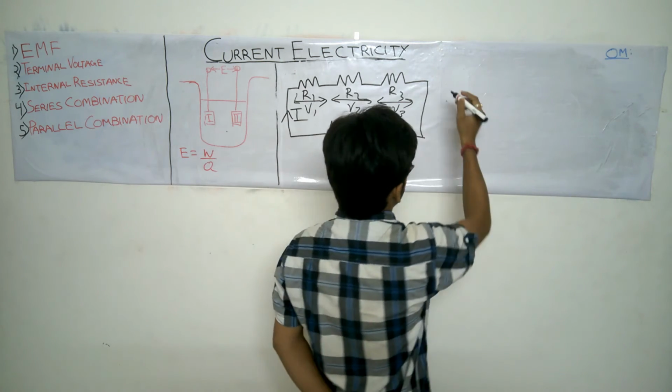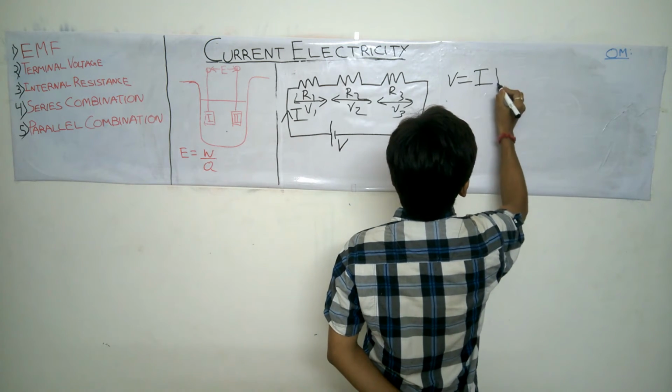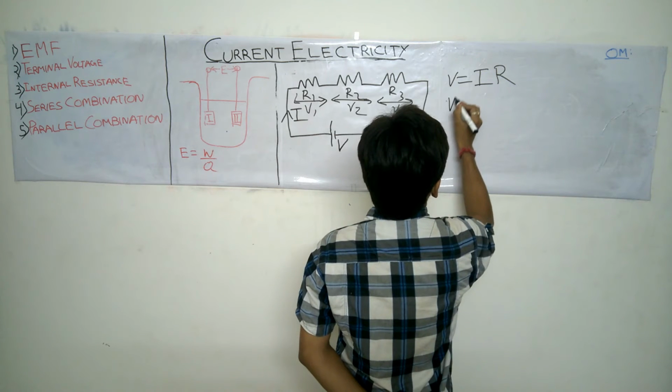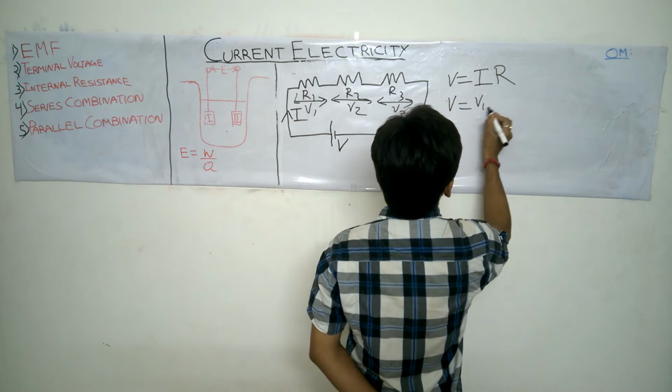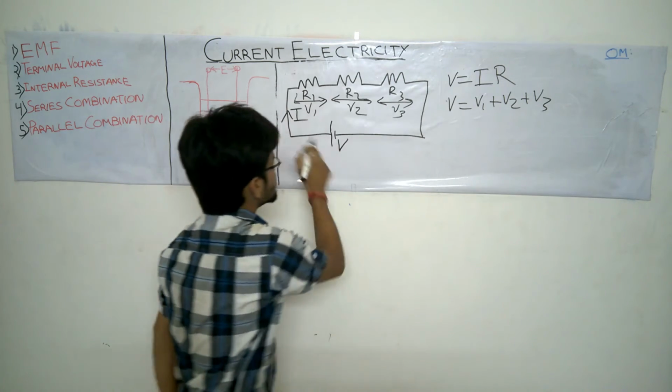By Ohm's law we know V is equal to IR. Now, V is equal to V1 plus V2 plus V3. That only constitutes the entire voltage, right?